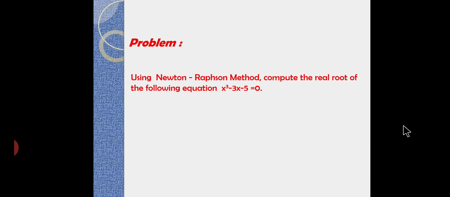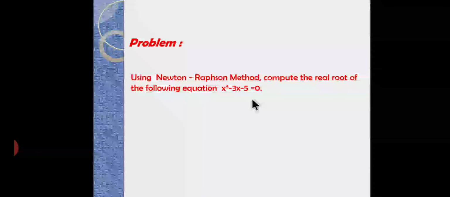So after this, let us take a few examples which we will solve using this Newton-Raphson method. First problem: using the Newton-Raphson method, find a real root of the equation x cube minus 3x minus 5 is equal to 0.